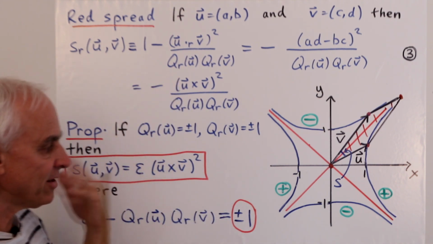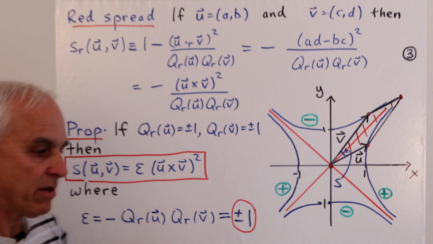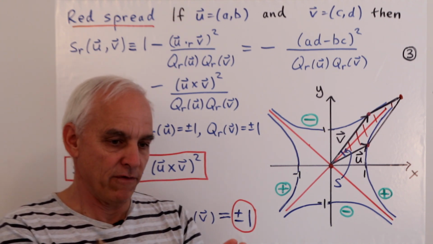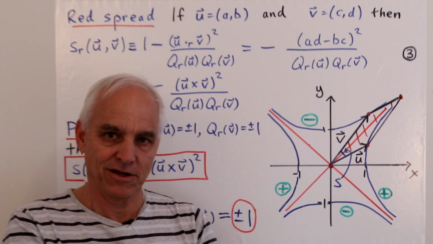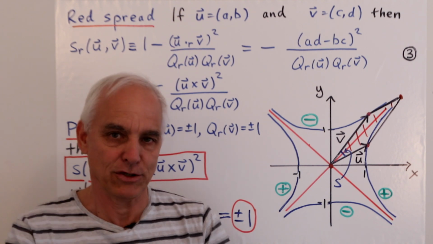So a very nice, relatively simple geometrical interpretation of the red spread between two vectors.